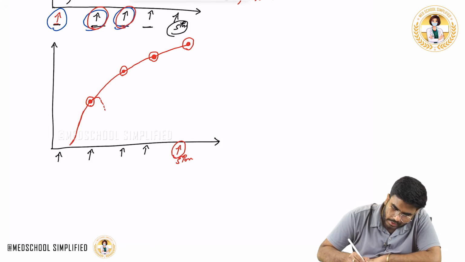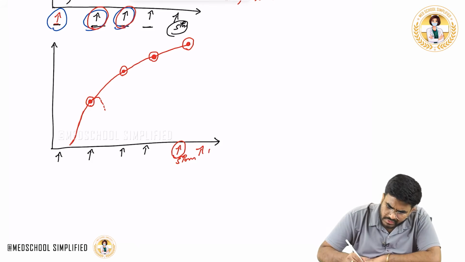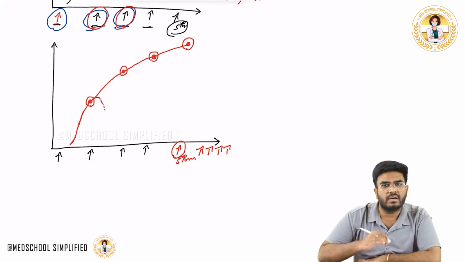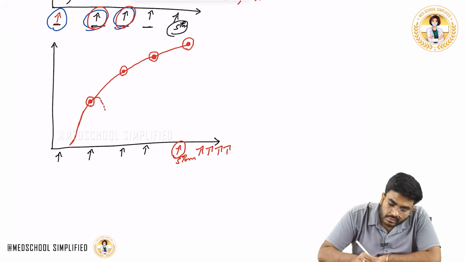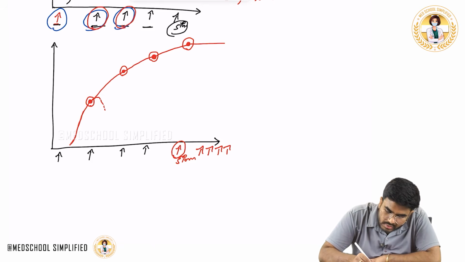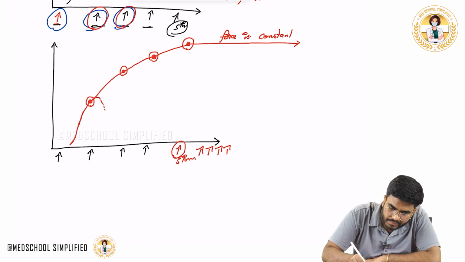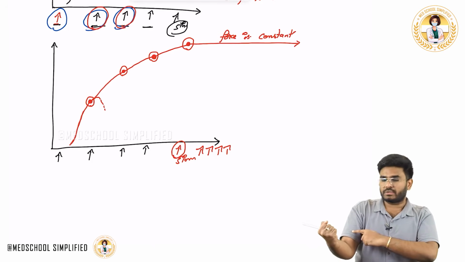Do you think the contraction force is going to increase? No. You give 6 times, 7 times, 8 times, the force is not going to increase. The force generated is going to be constant after some time.